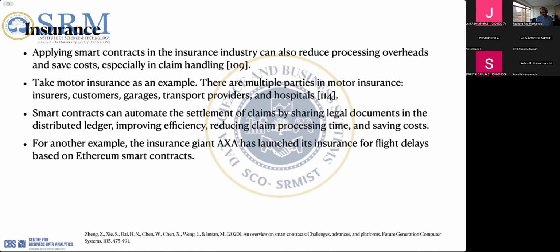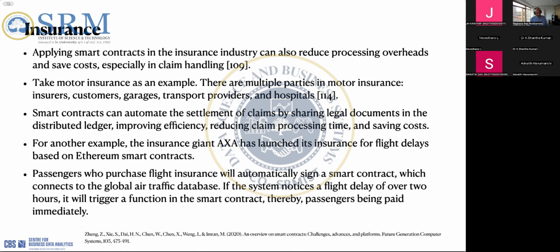And insurance, again, has a lot of potential to be automated because it can reduce a lot of overhead. There are multiple parties involved in motor insurance. For example, you have the insurer on one hand, you have the customers, and you have the garage that handles the vehicle repairs. You have the transport provider, hospitals, and all these multiple parties are involved, and there are a lot of contractual agreements which can be automated.